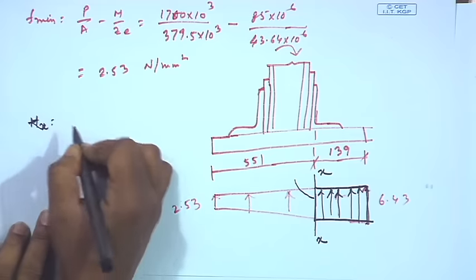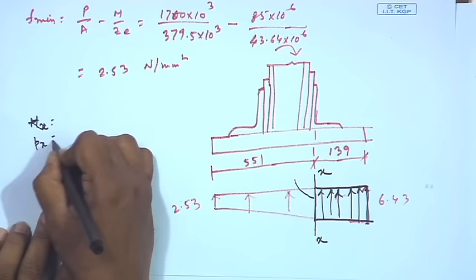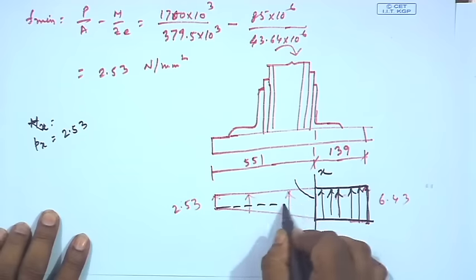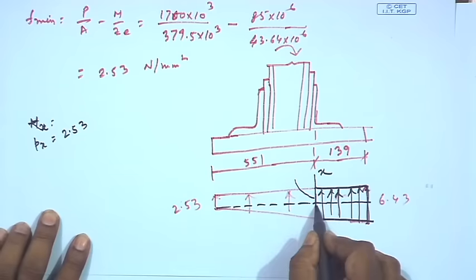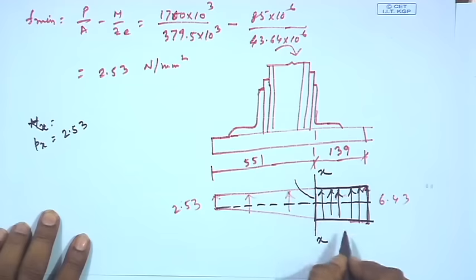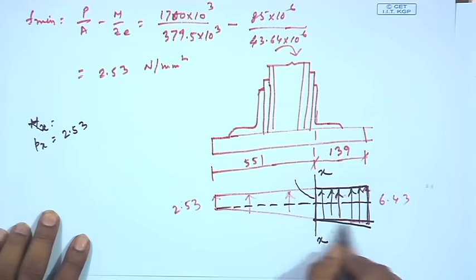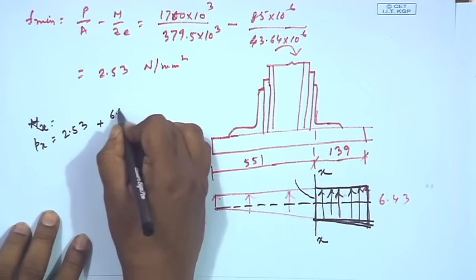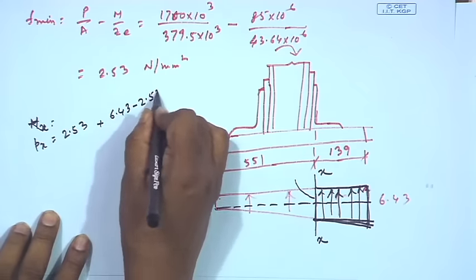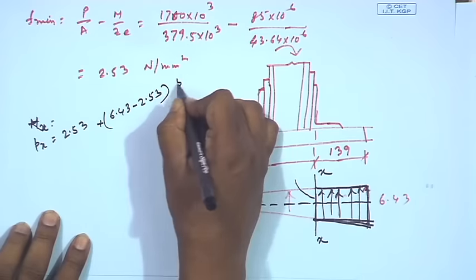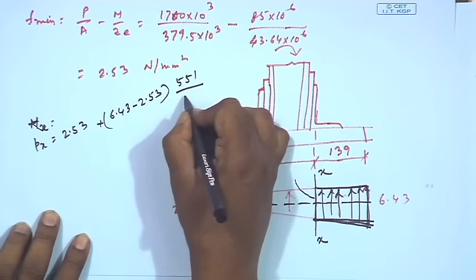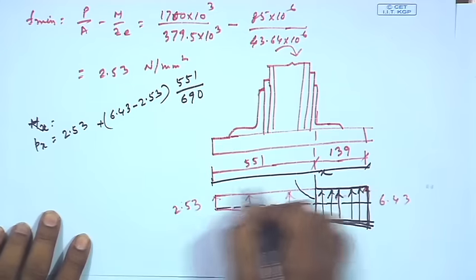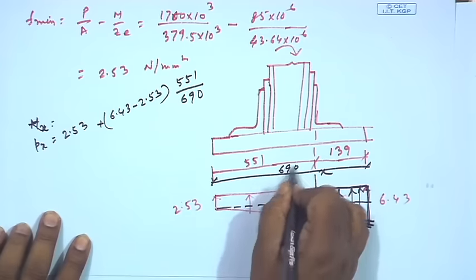First I have to find out the pressure, say p x, which is 2.53 plus (6.43 minus 2.53) into 551 by 690, the total being 690, right.